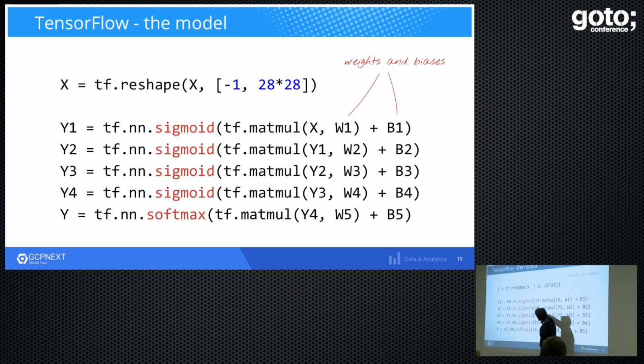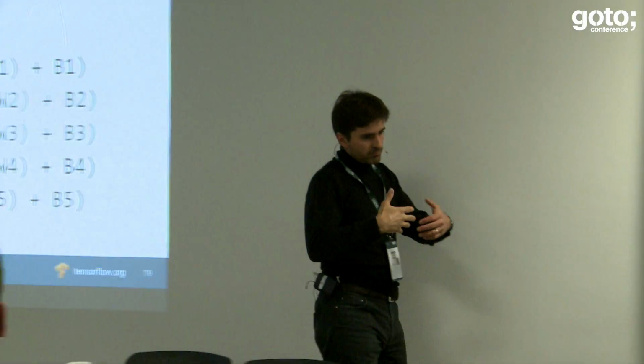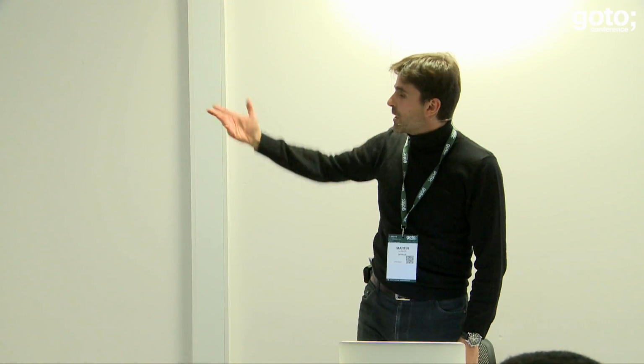Of course, we use the correct activation function, so sigmoid on the intermediate layers and softmax on the outer layer to produce something that looks like a probability so that we can classify our images. Apart from this, I'm not changing anything else to the code. The cross entropy remains as it is. The training loop remains as it is. I just changed the model, and I initialized the additional weights and biases that go into this model.